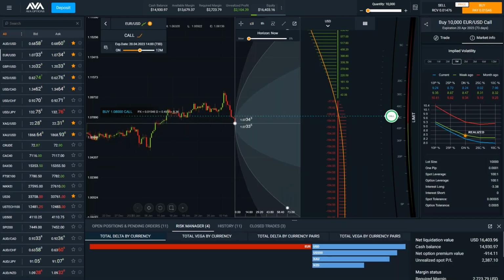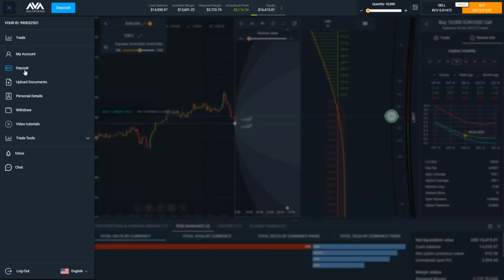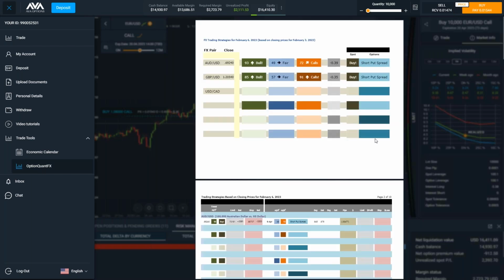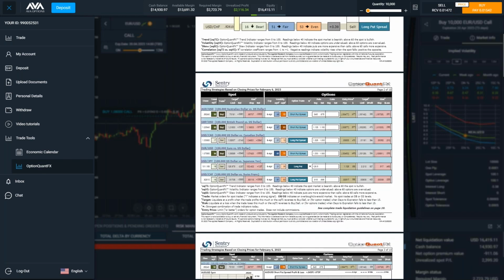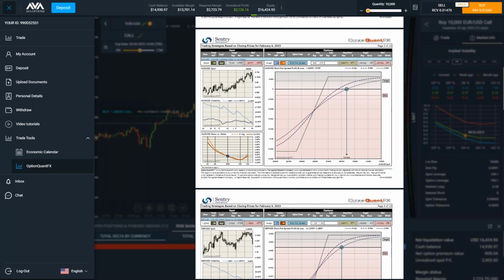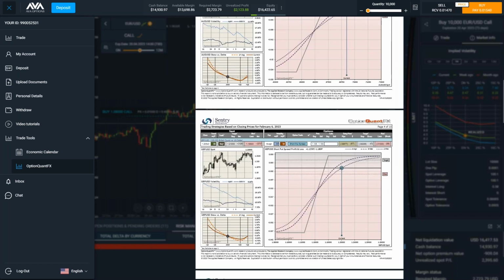We also have in the side menu the ability to place deposits into your account. We have trading tools, such as you can see the economic calendar. We have some analytics called Option Quant FX, which will pop up this PDF, which will show you some relative value analysis and trade recommendations specifically in options. I'll just leave it to you to go through and study this.